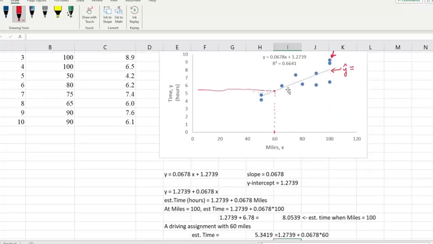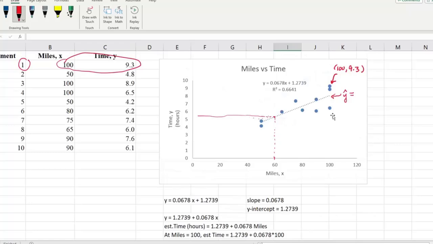So from looking at this, you could see that there's a positive relationship in that when the number of miles is increased, that is, as you go this way, the time tends to increase. When x goes up, then y is going to go up, and when x goes down, if I go from here to here, if I decrease the x, then the y value will also decrease.